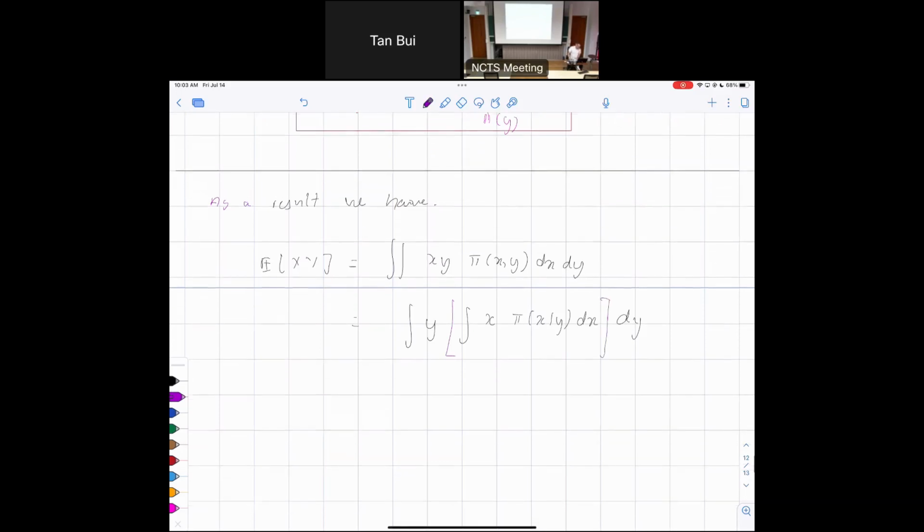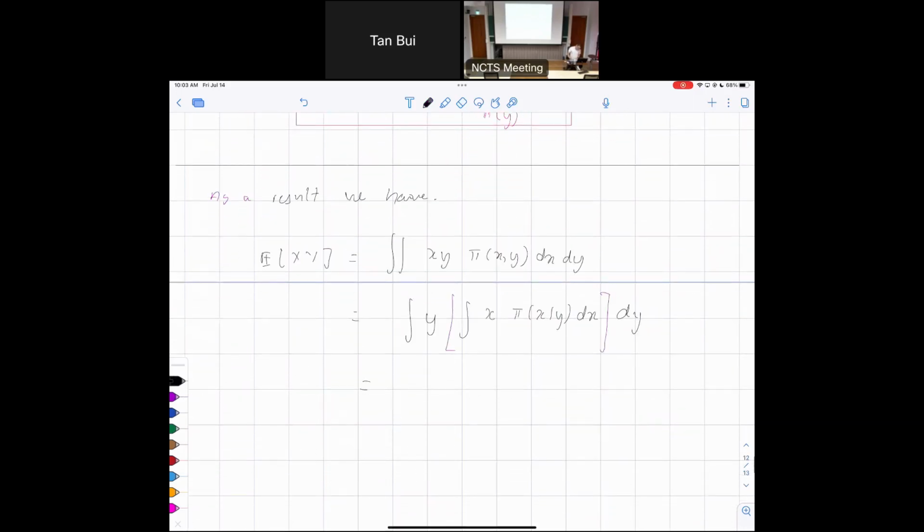If we think about it this way, we can write the expectation of x as the expectation of x given y, and then we do the expectation with respect to y. This is the expectation with respect to x, then the expectation with respect to y.